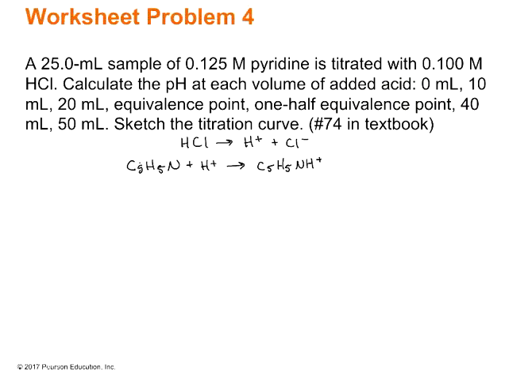Okay, so we need to know how many moles of pyridine we're starting with and how many moles of strong acid we're starting with. Because remember from our previous titration calculations, as we're adding some titrants in, the volume of solution is constantly changing. So instead of having to deal with those volume changes, let's just deal with moles.